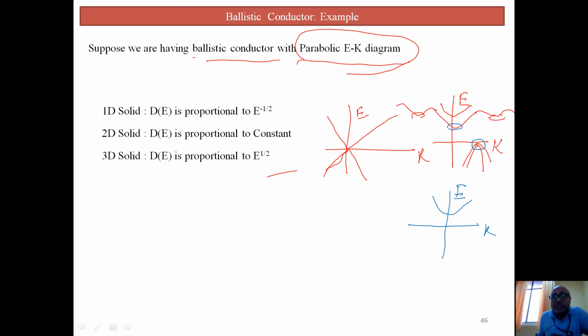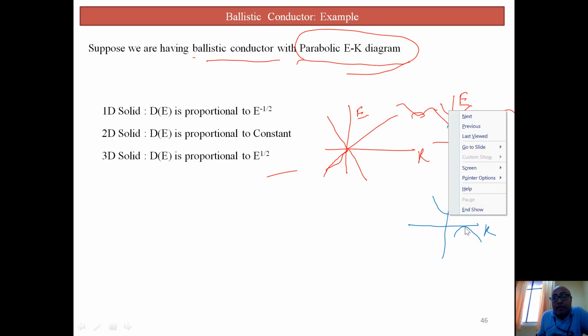It doesn't matter actually about the rest, like the valence band here and here and all these things. We are really bothered about what is happening here and here. So you may have a very complicated band diagram like silicon, but we are bothered about a very small region.